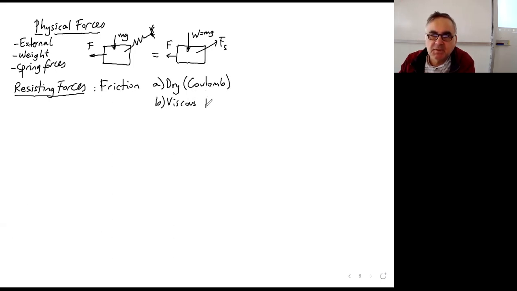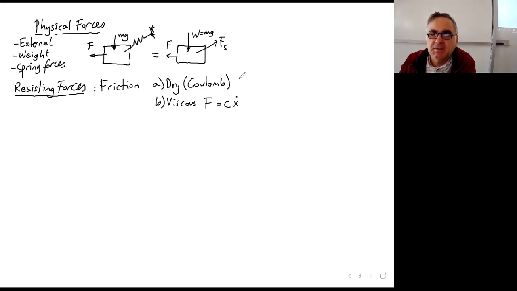In the viscous friction, the friction force is equal to some constant times the velocity; it is proportional to the velocity. Whereas here, this is a little bit complicated.